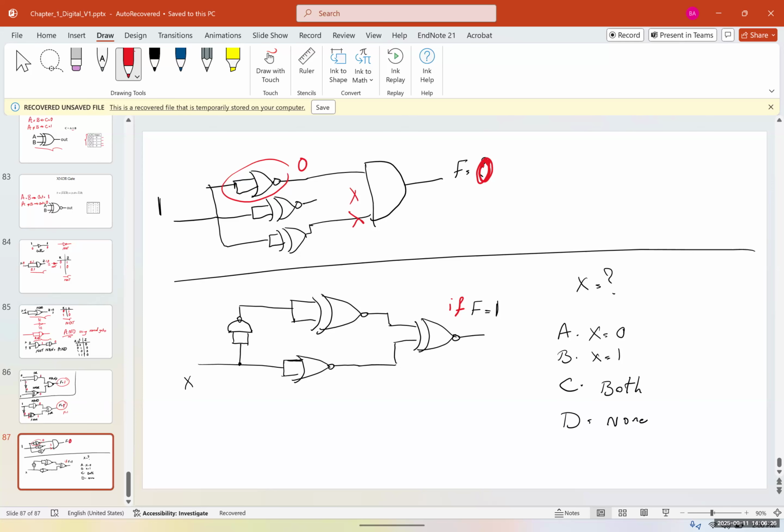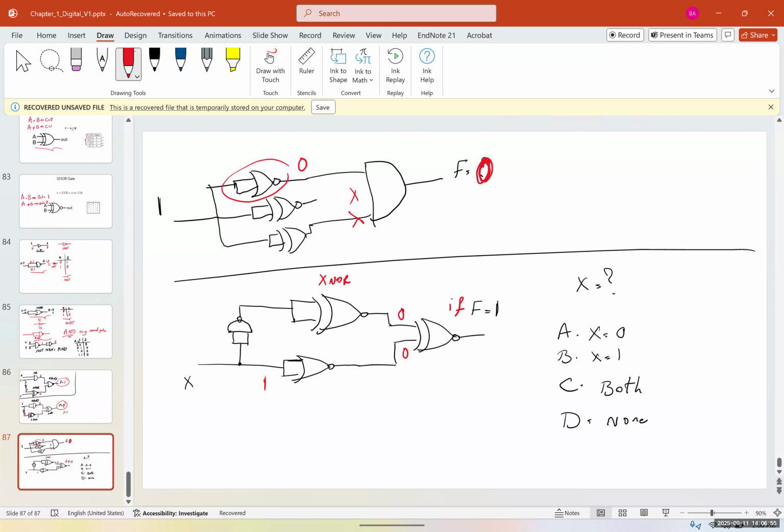And when an XNOR gate output is 1, it means that both the inputs would be equal. So this could be 0, 0, or it could be 1, 1. Let's solve it first for 0, 0. So if this is 0, this is a NOT gate, this would be 1, and this is also an XNOR gate whose inputs are connected together.